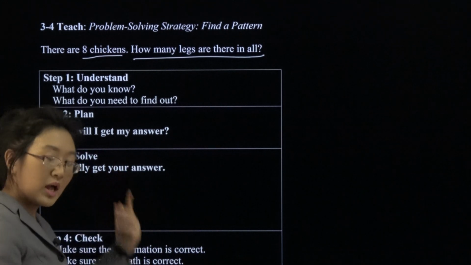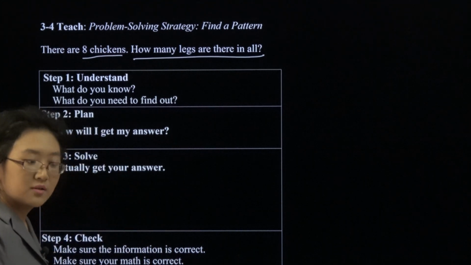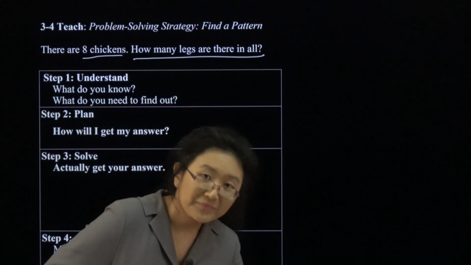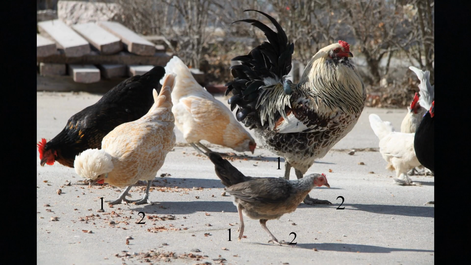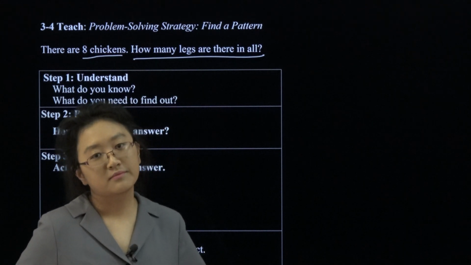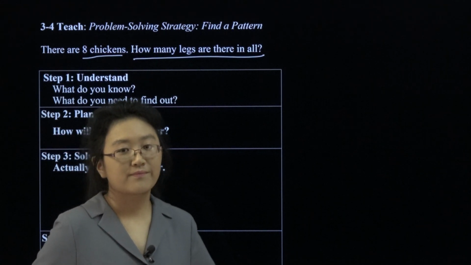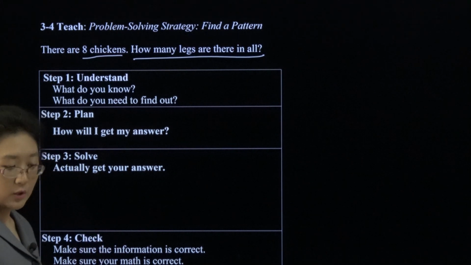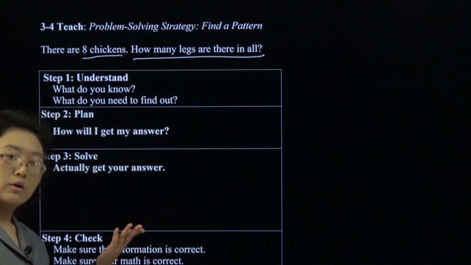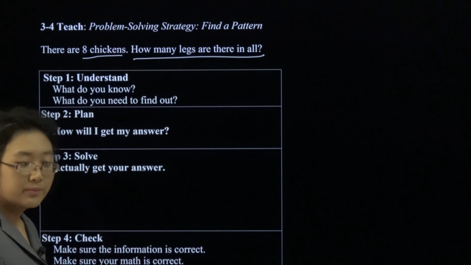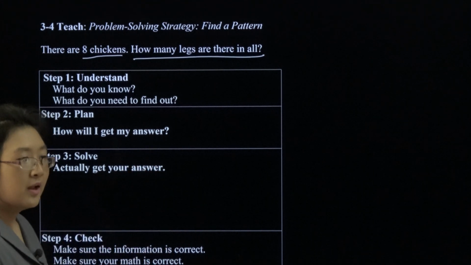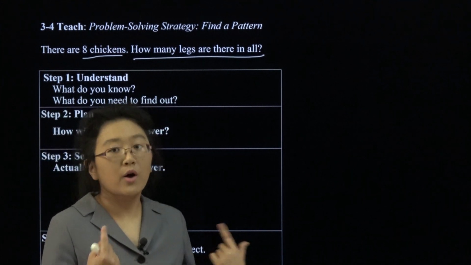Well, the problem doesn't really give you this, but usually chickens have 2 legs. Usually. So sometimes the question will not give you certain bits of information that they expect you to already know.